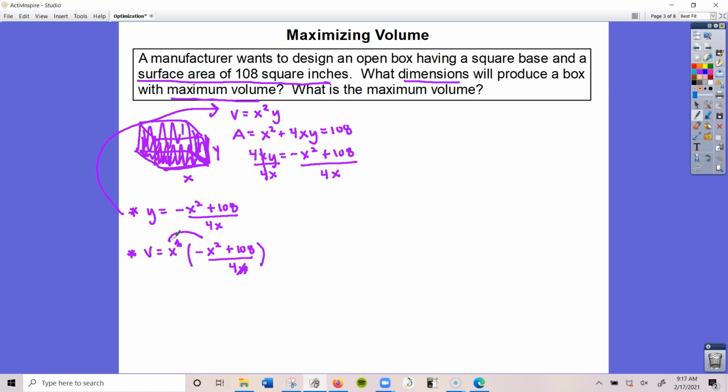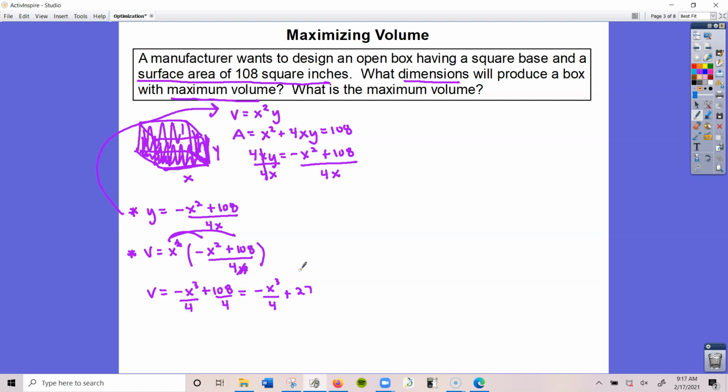So now I can distribute the x, leaving me with volume is equal to negative x to the third plus 108 all over 4. And what I'm going to do now is I'm going to put everything individually over 4, which is negative x to the third over 4 plus 27. And I did that just to make it easier on myself now when I take the derivative.